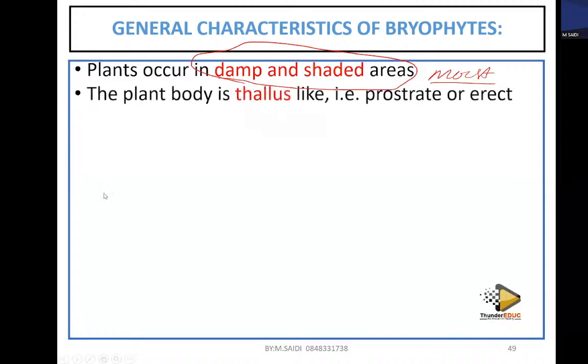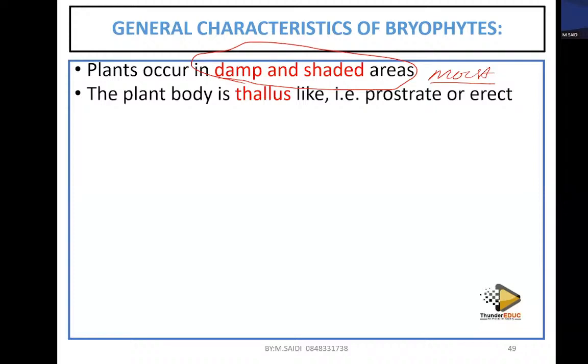Number 2, the body of these plants is what we call a thallus. Thallus means that the roots are not true roots, the leaves are not true leaves, the stem is not a true stem. It looks like a plant.